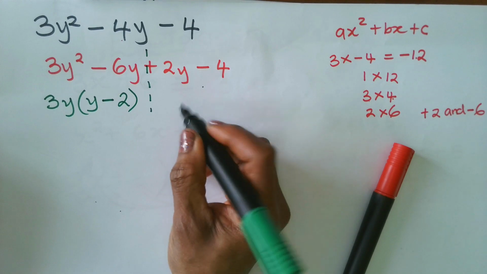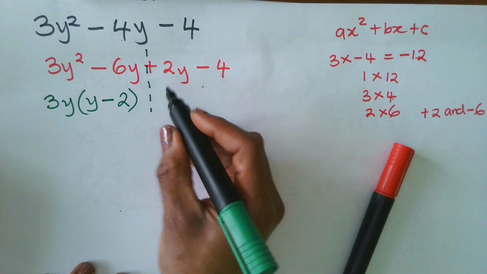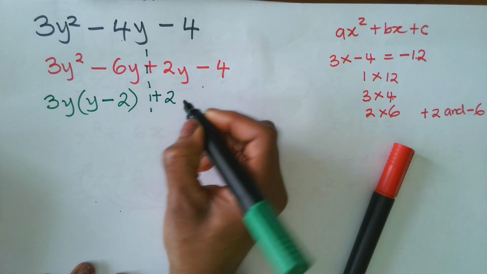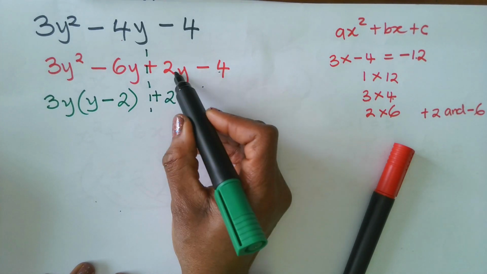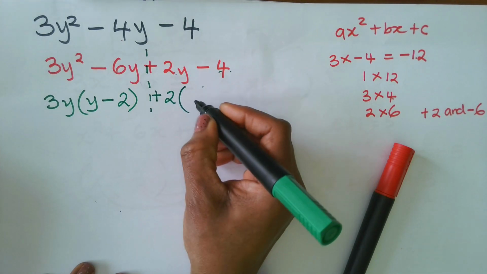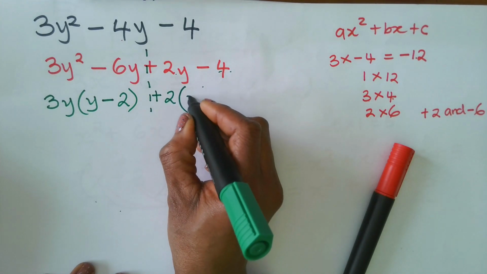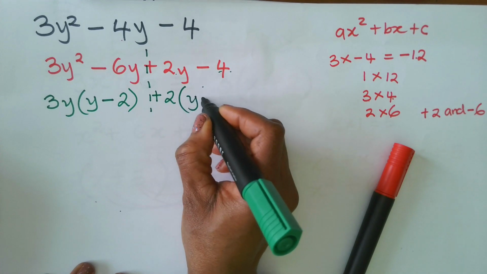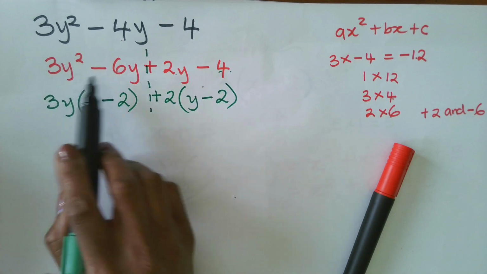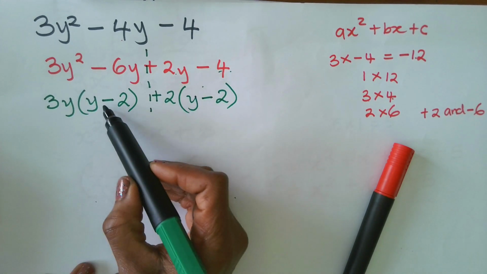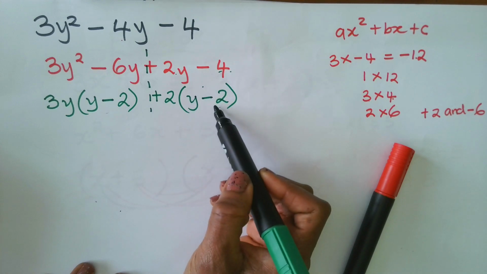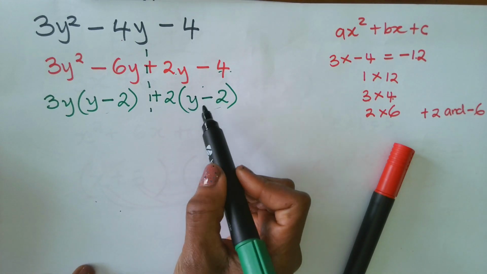We close the bracket. We move on to here. There's a sign here. Plus 2 is the common number between 2 and 4. We open the bracket. We put y minus 2. So when we're factorizing this, we make sure that whatever is in this bracket is the same as this one, because we're going to choose one of them.